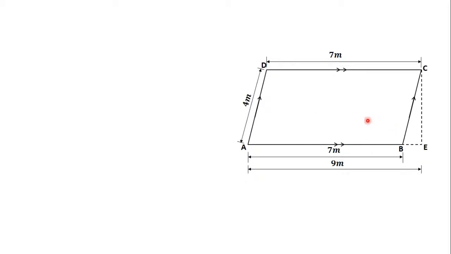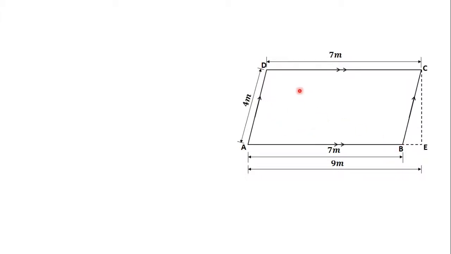Considering this diagram very carefully, you can see that the distance AE is 9 meters and the distance AB is 7 meters. So if AE is 9 meters and AB is 7 meters, then this small distance here BE is going to be 9 meters minus 7 meters, which is 2 meters.